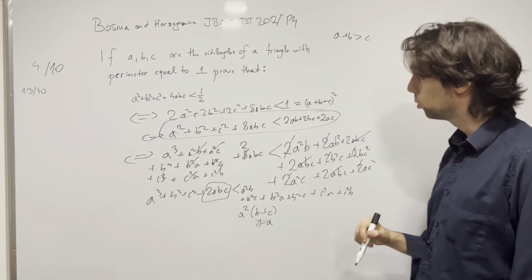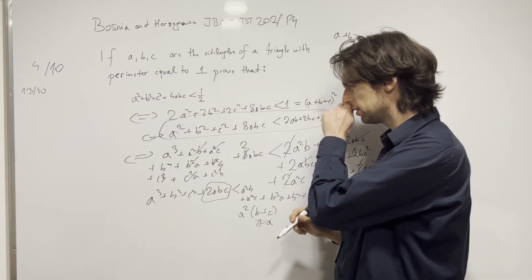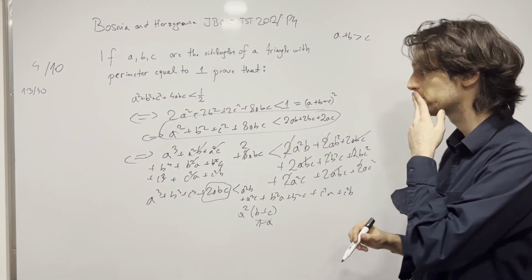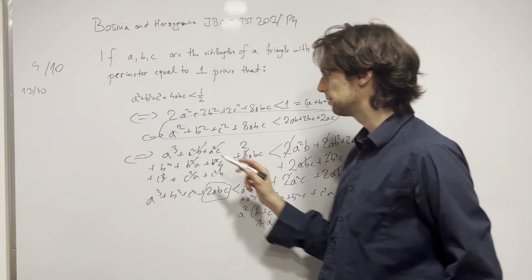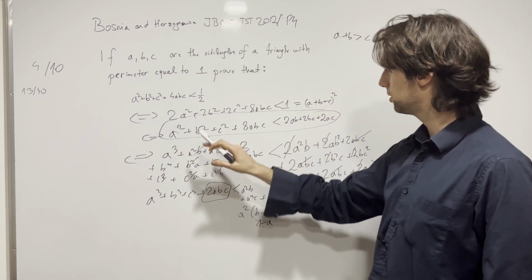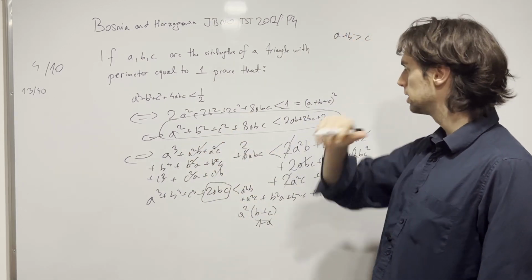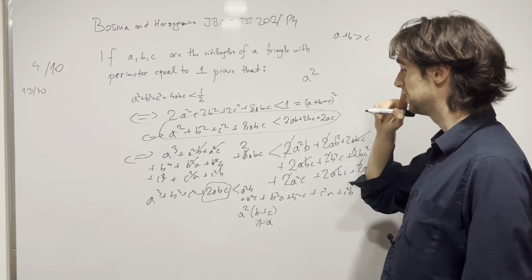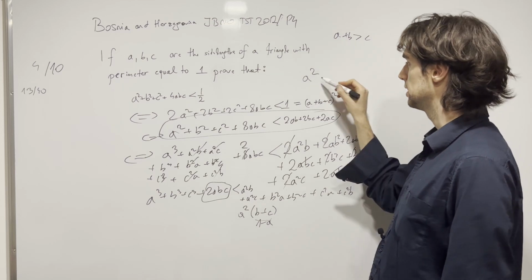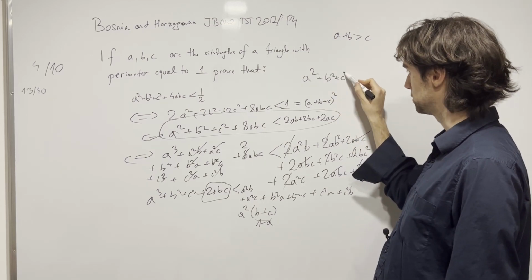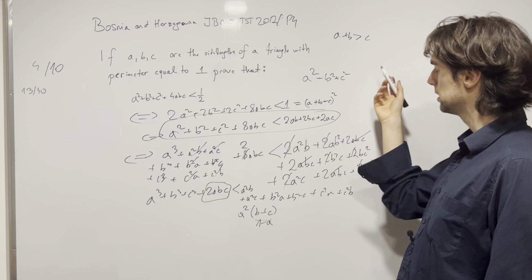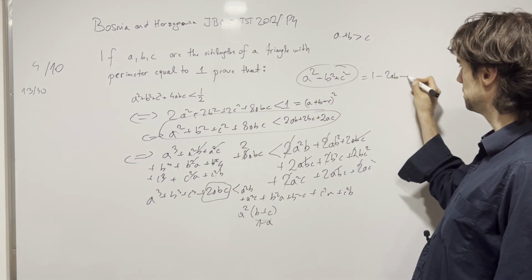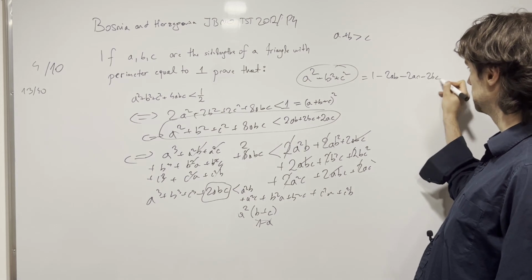What do we have? Well, let's see if we can factor this in any way, shape, or form. So if we move everything on this side, it's equivalent to a squared plus b squared plus c squared, and this thing right here is equal to 1 minus 2ab minus 2ac minus 2bc.